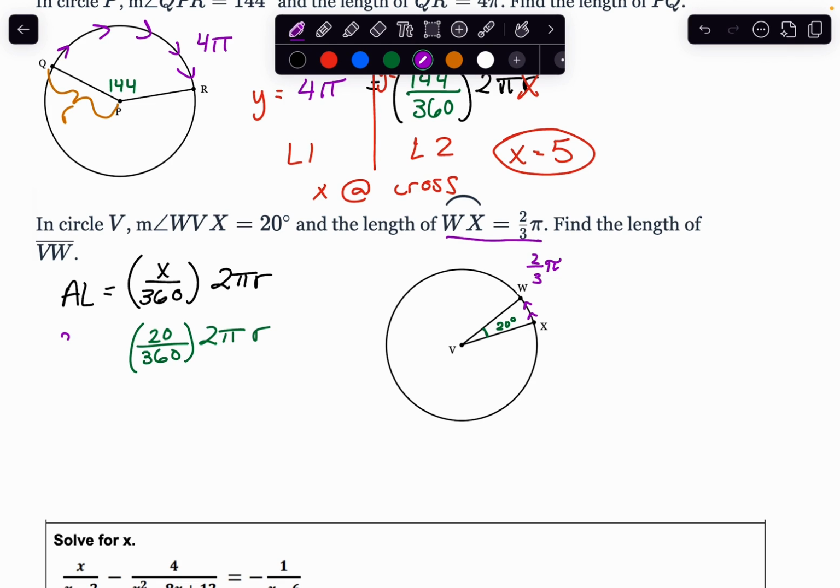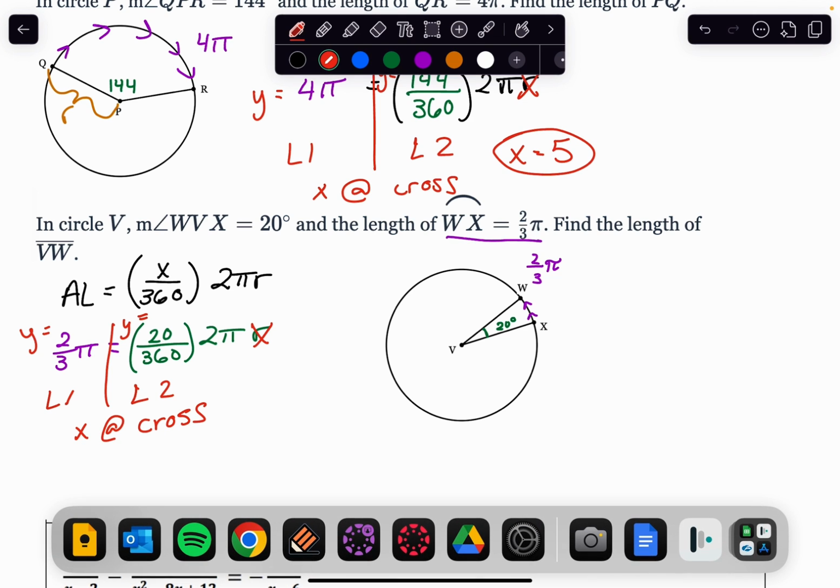And that should all equal 2/3 pi. So since I know these are now set up correctly, I have to put it in Desmos. This goes in line 1, this goes in line 2, this is replaced with an x, I have y equals, and I'm looking for x where they cross.